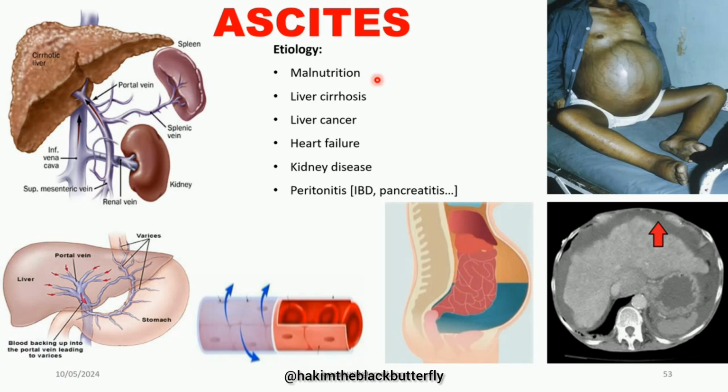Okay. Two, ascites can occur in patients with liver disease. Let's say this person is an alcoholic, or let's say this person unfortunately has viral hepatitis, those patients are going to present with ascites.